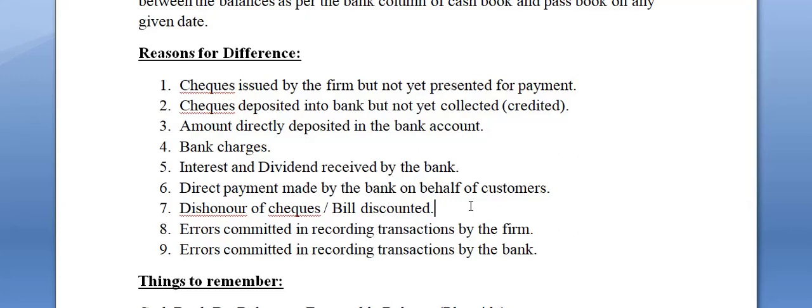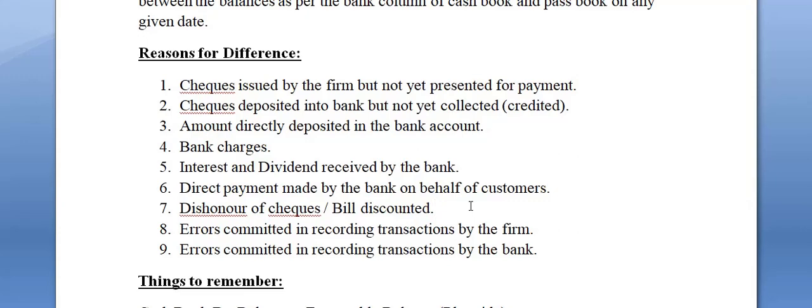So whenever the checks are dishonored, actually we are referring to the term bouncing of check. So bouncing of a check is actually a kind of a jargon, but dishonor of check is a technical term. Okay, so if the checks get bounced or dishonored, the same must be recorded in the cash book as well. So in that case, there should be the difference between the cash book and passbook.